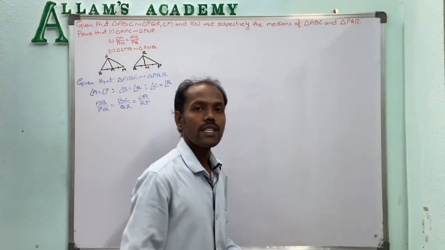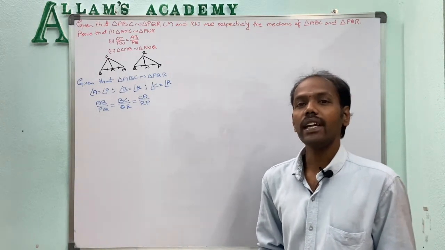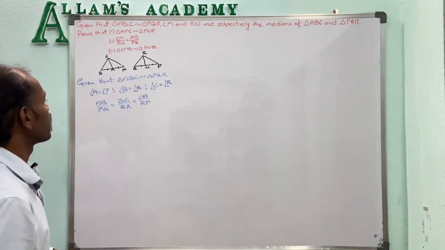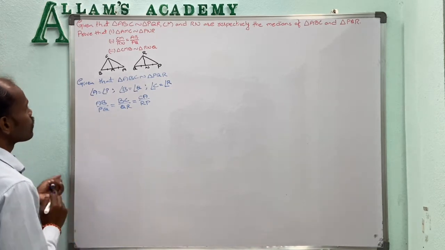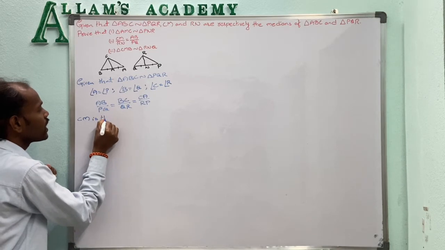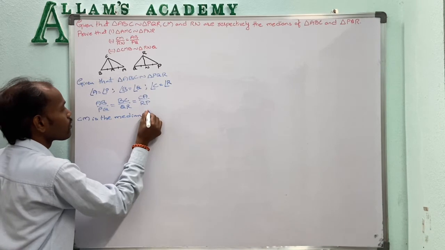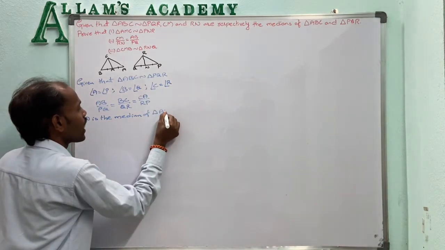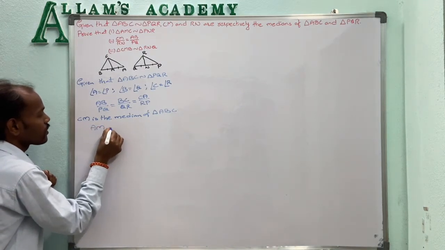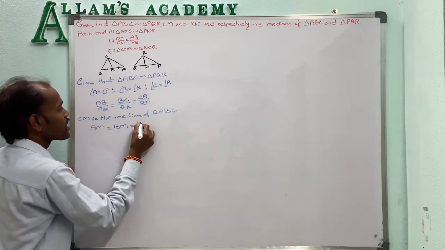That is the information given, and CM and RN are the medians of triangle ABC and triangle PQR. That is also given information. CM is the median of triangle ABC, so AM length and BM length both are equal, and that is half of AB length.